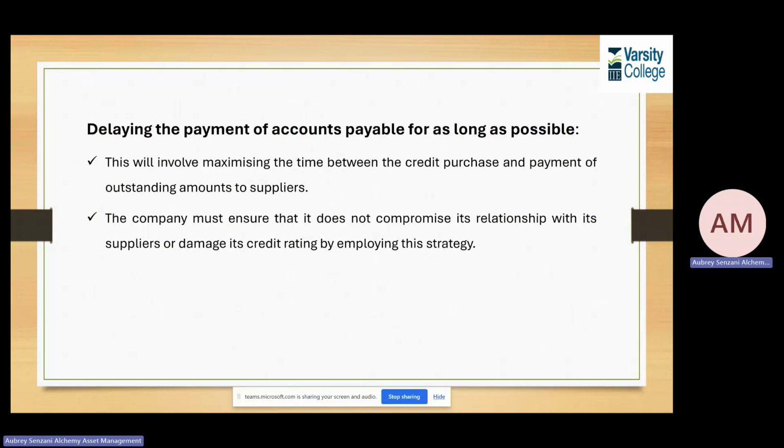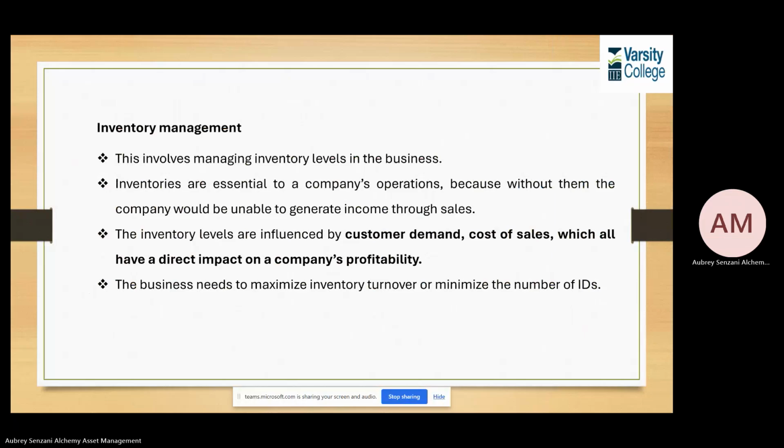But remember, your creditors or your suppliers are also a business. So they too need to manage their working capital. Okay. The company must ensure that it does not compromise its relationship with its suppliers or damage its credit rating by employing this strategy. Okay. Everything in business is about relationships.